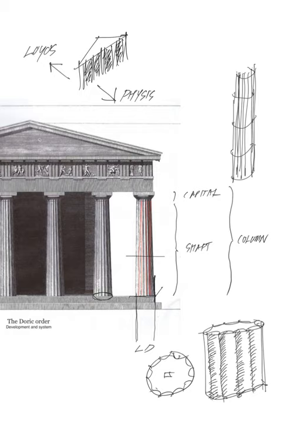Now, this top step on which the column sits is called the stylobate. And whenever you see the word style, you know by now that it refers to column. So it's the basis on which the column stands. The step beneath that is called the stereobate. And again, there may be more than one.